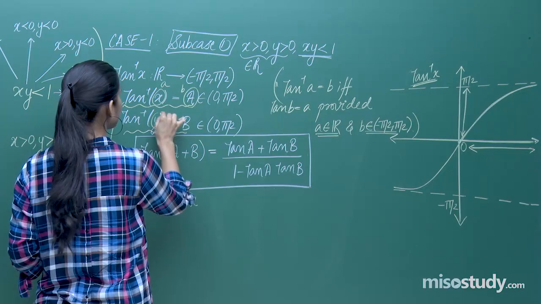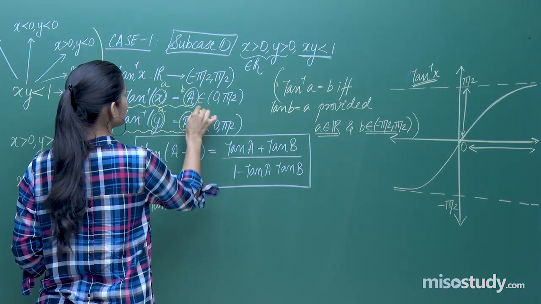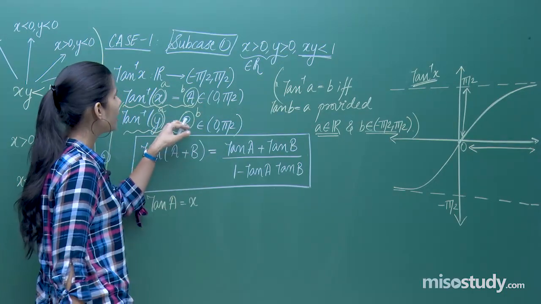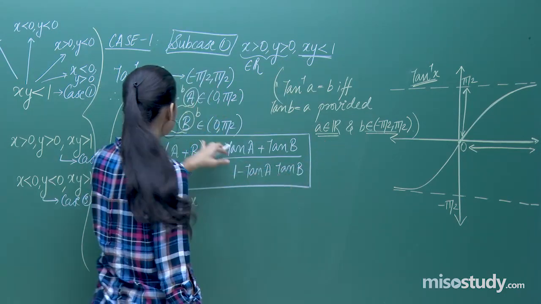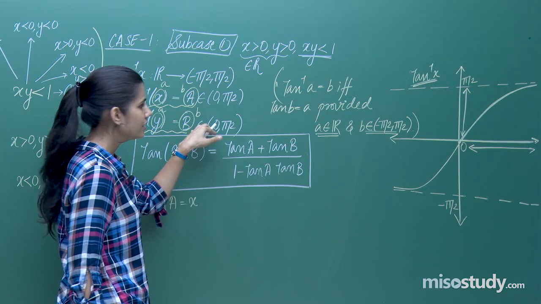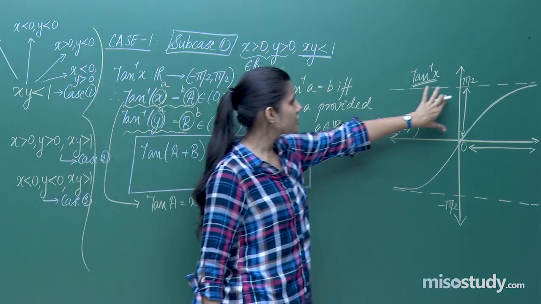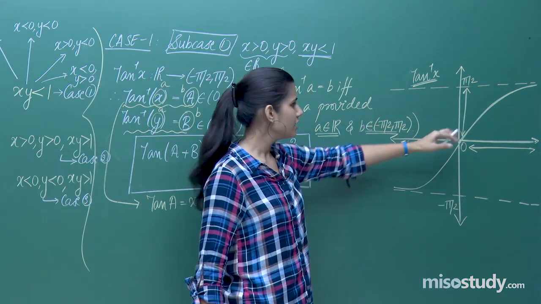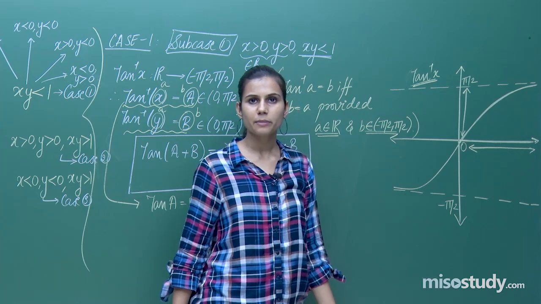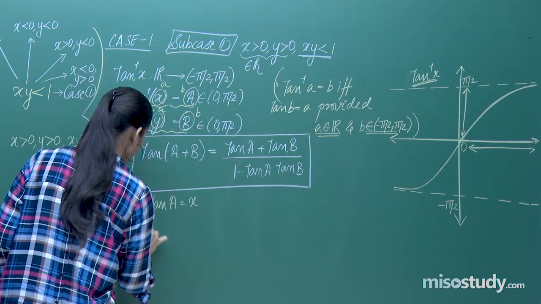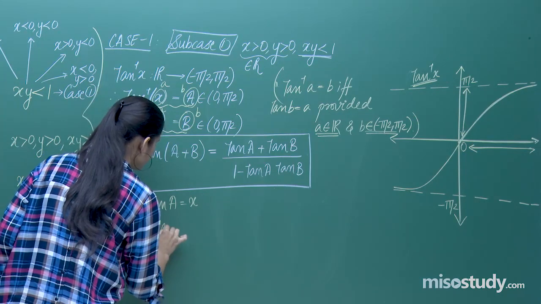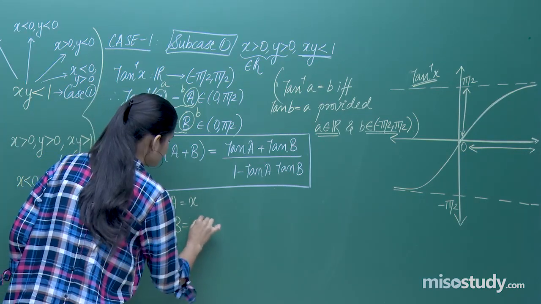Similarly, over here, if you take this as a and this as small b, then you know y is also a positive real number, so definitely y is a real number. Secondly, this capital B, which is my angle, is lying in 0 comma pi by 2, which is again a part of the open interval minus pi by 2 to pi by 2, and therefore again tan inverse a equals b can be replaced by tan b equals a.